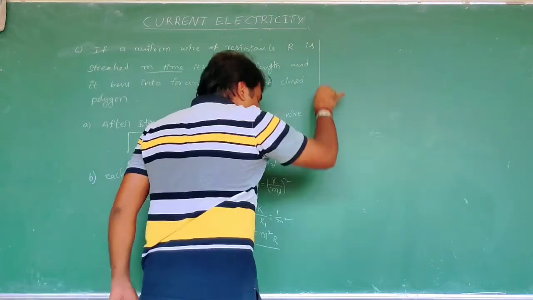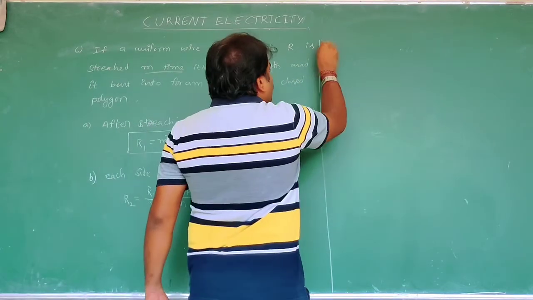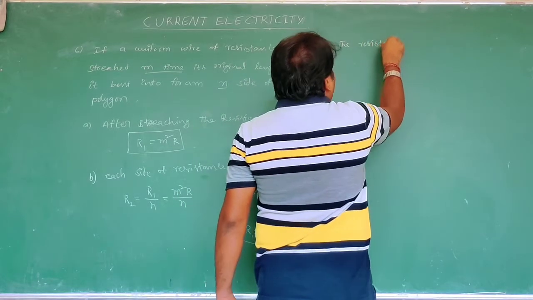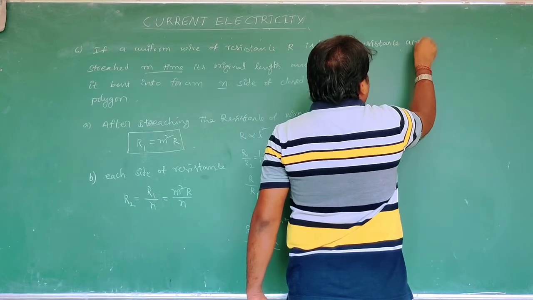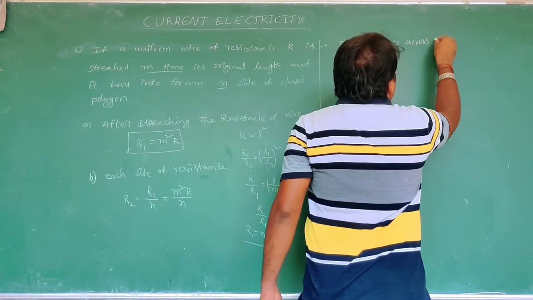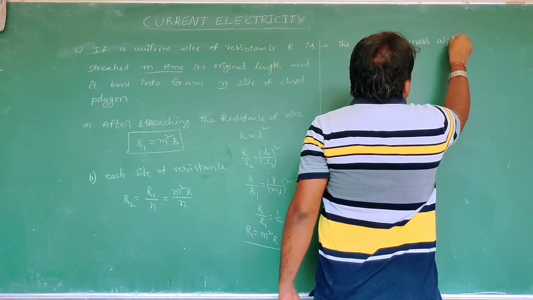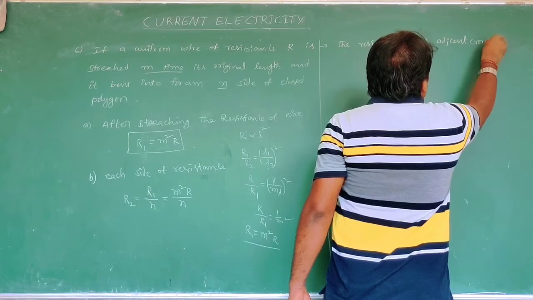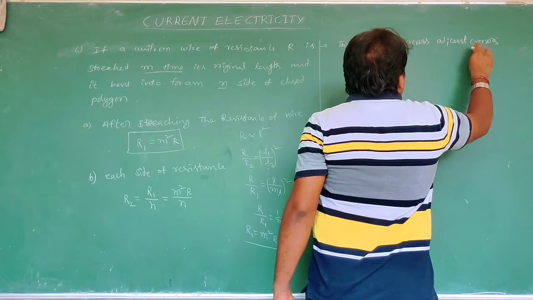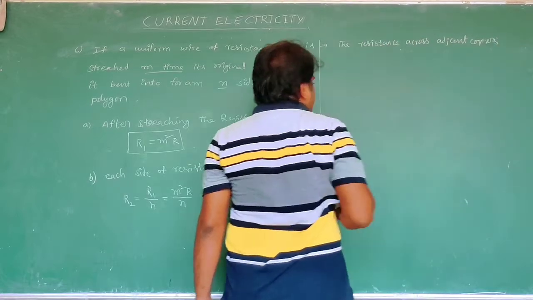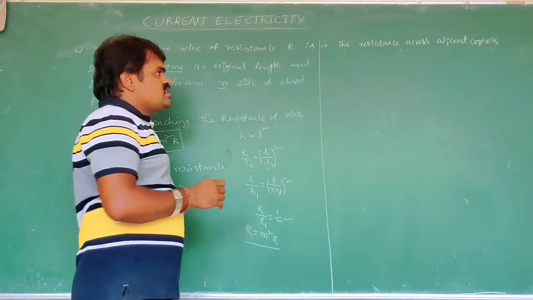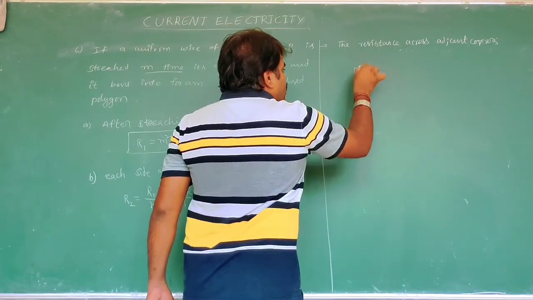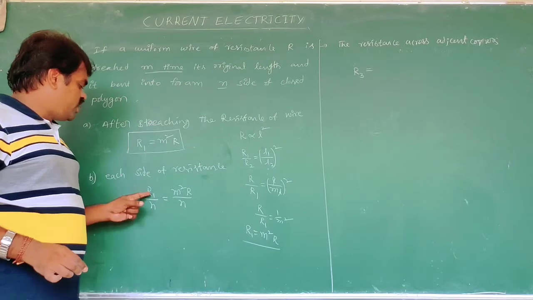Now we are going to calculate the resistance across adjacent corners, that is R3.